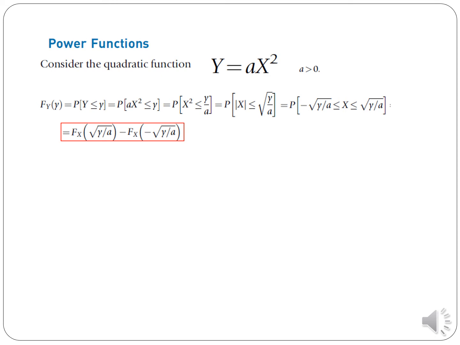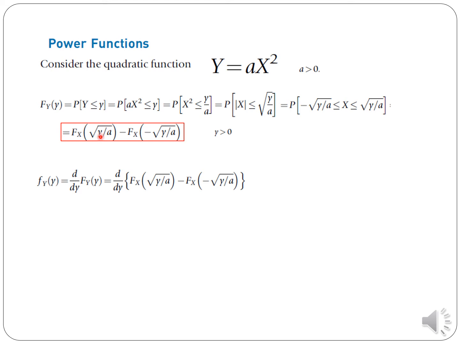Because this is a range, we know the probability for a range can be written in terms of the CDF, right? This is the highest range, this is the lowest range, so we can rewrite the expression like this. And now we can differentiate the CDF and we get the PDF.